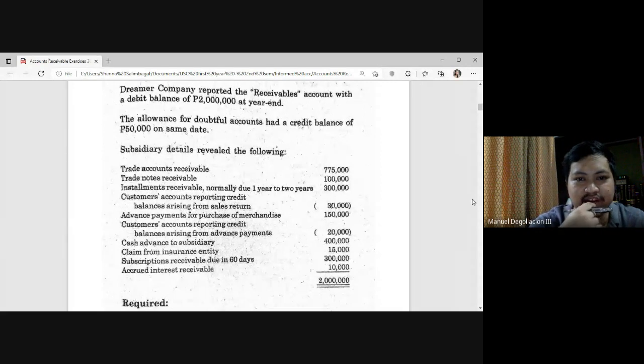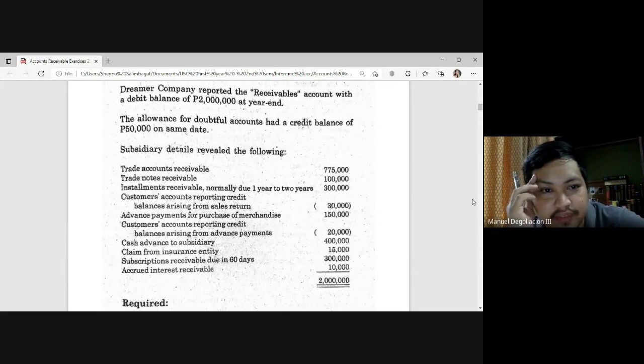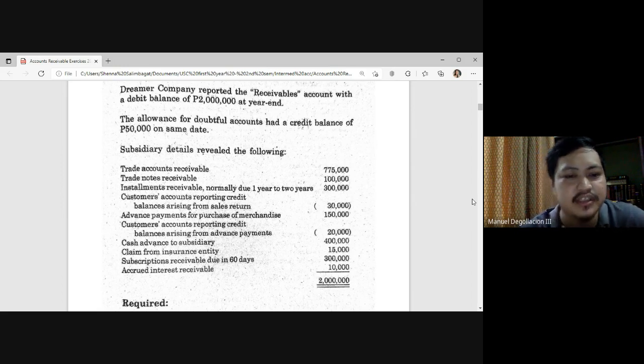So far we have 775, we have 100,000, we have your installment receivable in the amount of 300,000. Then you have your advances to your suppliers in the amount of 150,000, and then we have our claims receivable in the amount of 15,000. The current subscription receivable in the amount of 300,000, and your accrued interest receivable in the amount of 10,000.